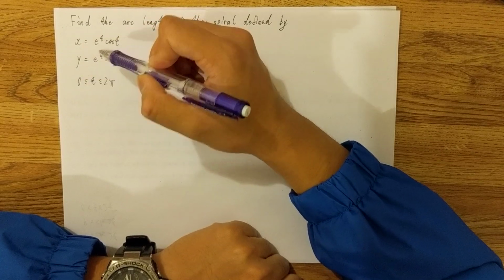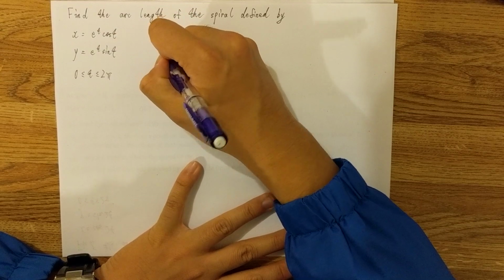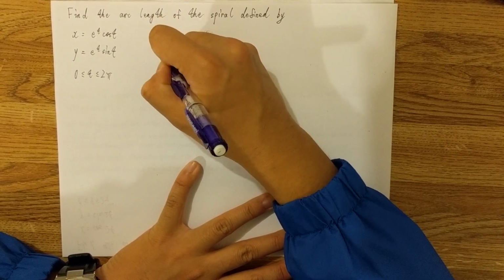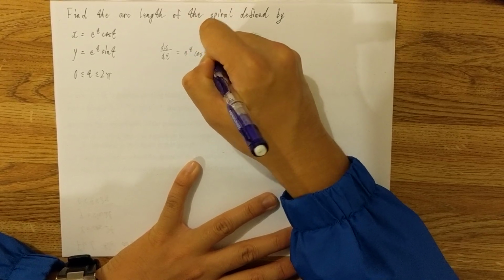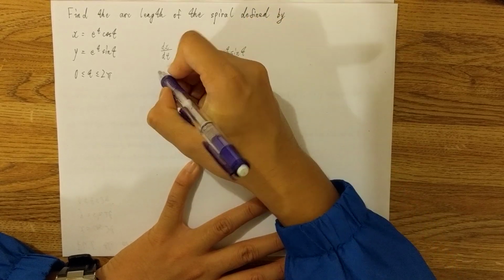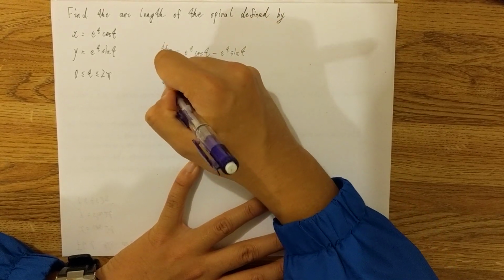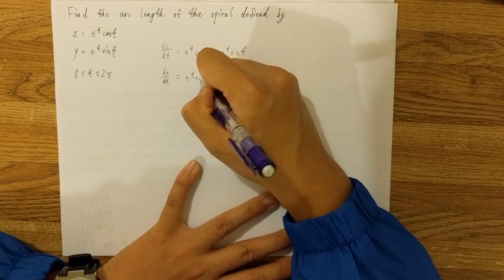So in this case we have dx/dt equals e^t cosine t minus e^t sine t. We have dy/dt equals e^t sine t plus e^t cosine t.